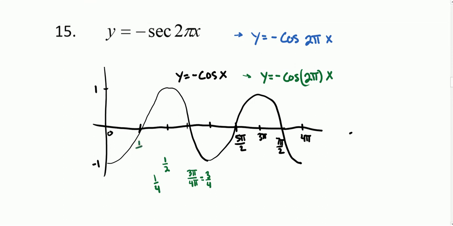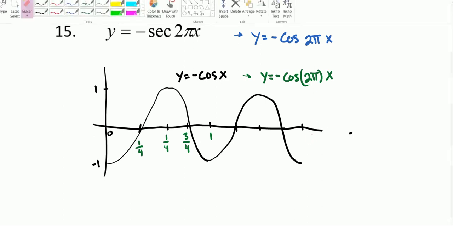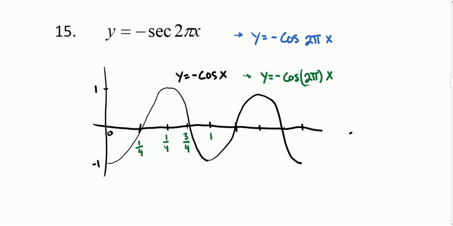Each critical point is a quarter, so 1/4, 2/4, which is a half, 3/4, 4/4, which is 1, and so we could just continue that pattern on. 5/4, 6/4, which reduces to 3/2, 7/4, and 8/4, which is 2.